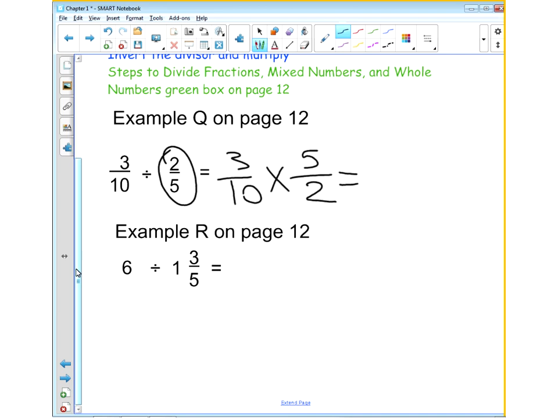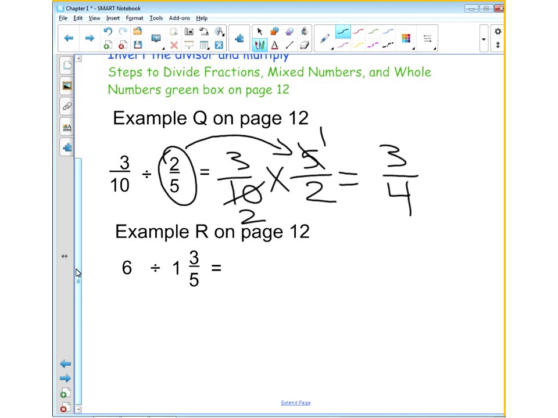You can see we flip the pair. Numerator is now the denominator, and denominator is now the numerator. And then we can just multiply. Well, we reduce. 5 goes into 5 once. 5 goes into 10 twice. So 3 times 1 is 3. 2 times 2 is 4. So 3/10 divided by 2/5 is 3/4.